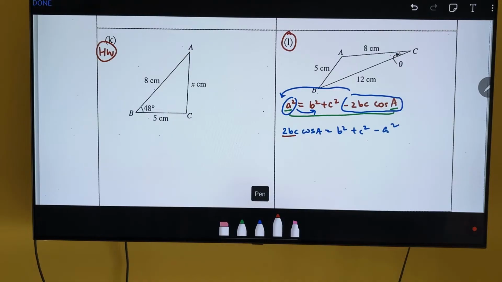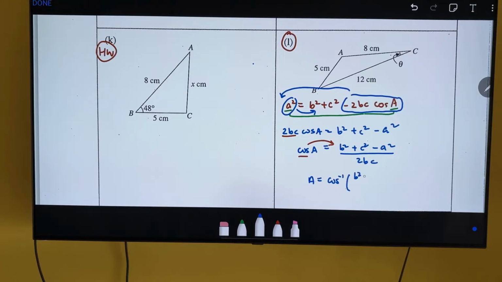We don't want 2bc on the left. We bring it to the right through division. So b squared plus c squared minus a squared over 2bc. That gives us cos A. One more step. How can we leave the A alone? What do we do to the cosine? We bring it over, and that would give us cosine inverse.